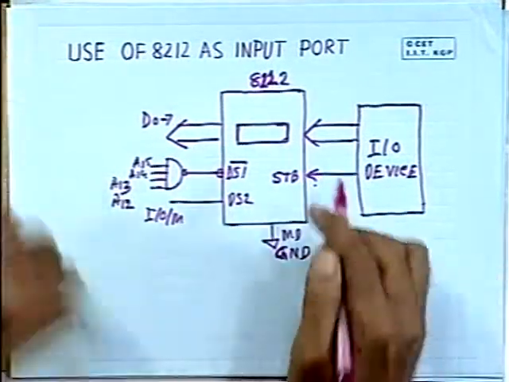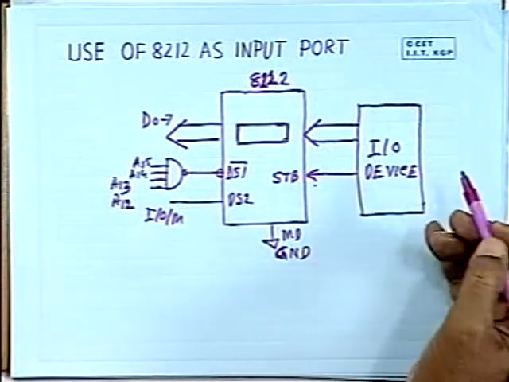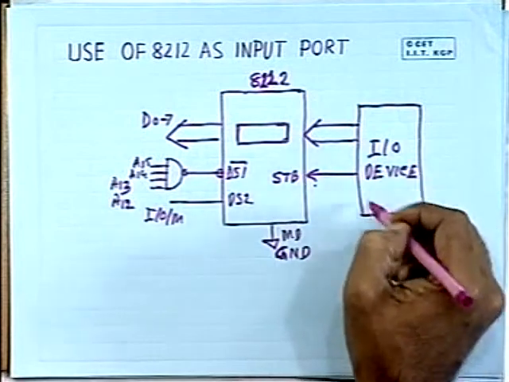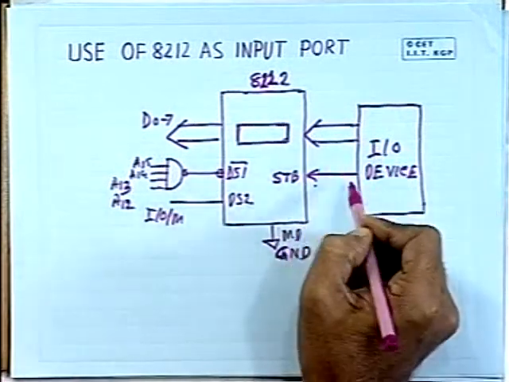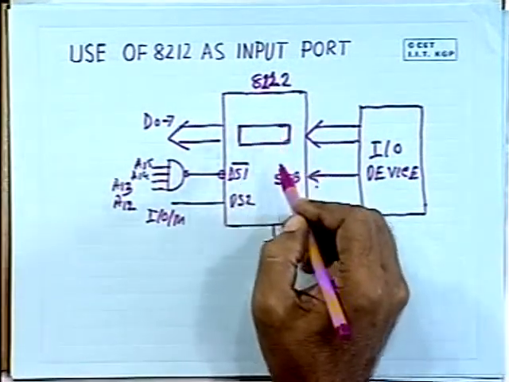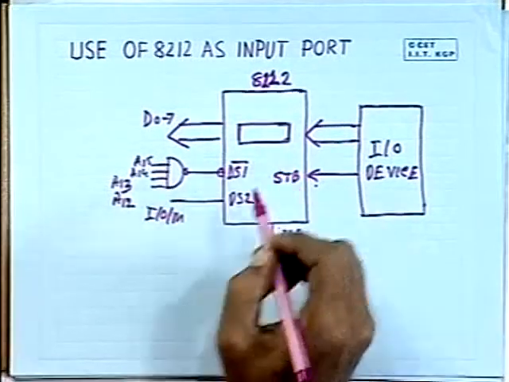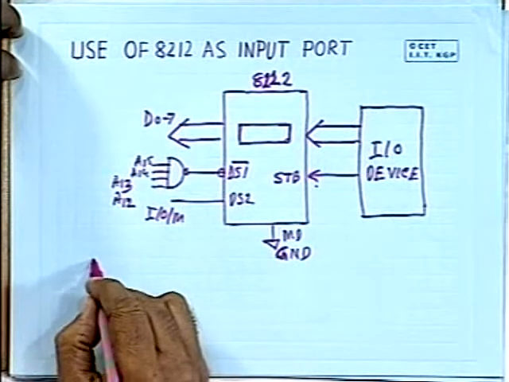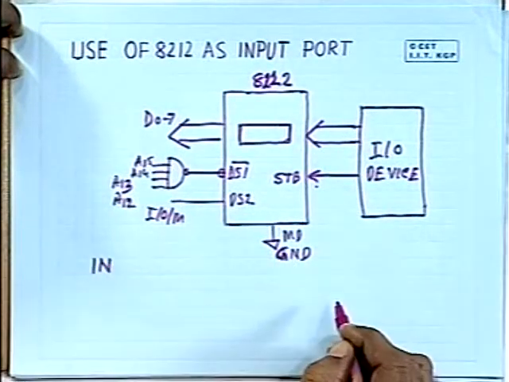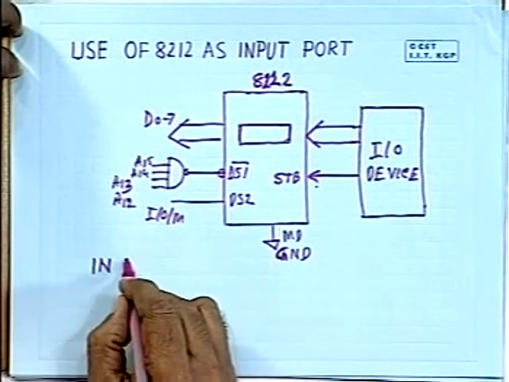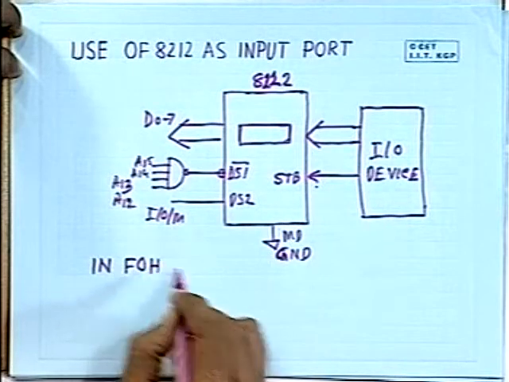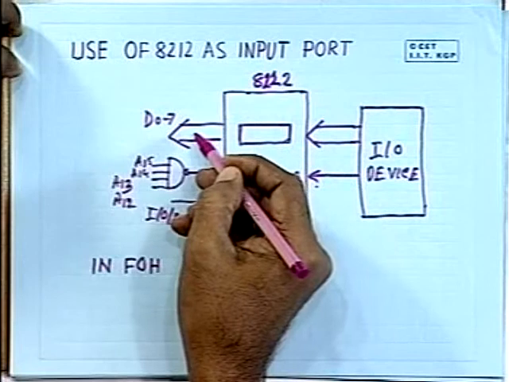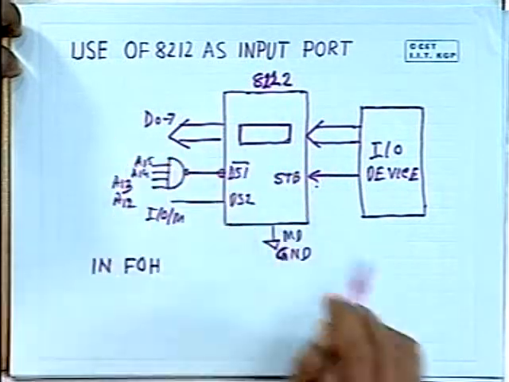Now, let us see how it works whenever it is used as an input port. The IO device will latch the data with the help of the strobe signal, and it will be available here. Then the microprocessor will read it by executing an IN instruction, and the address will be F0 in hex, and once it is executed, that data will go to the data bus and it will go to the accumulator.